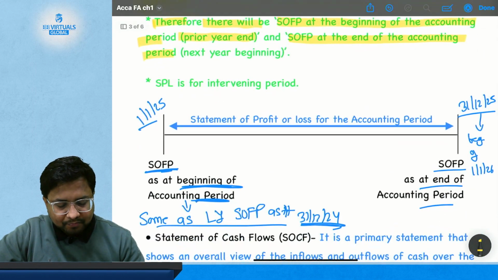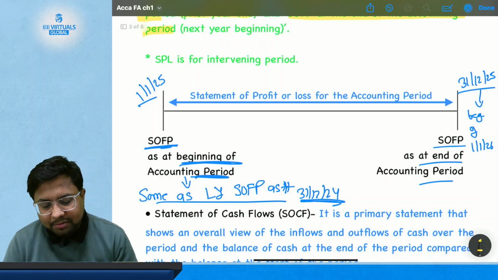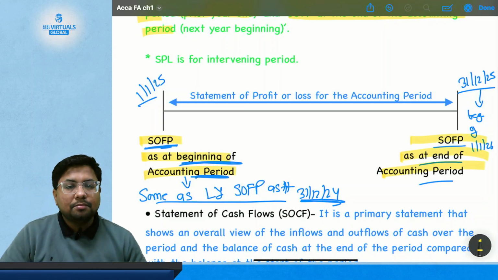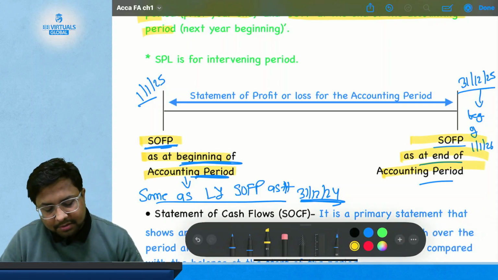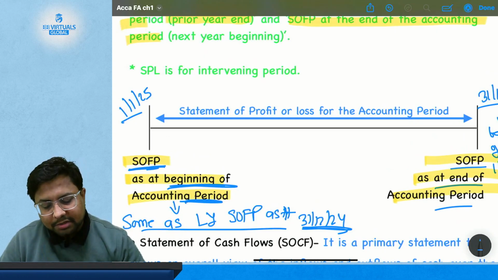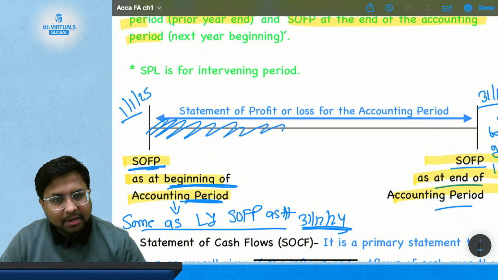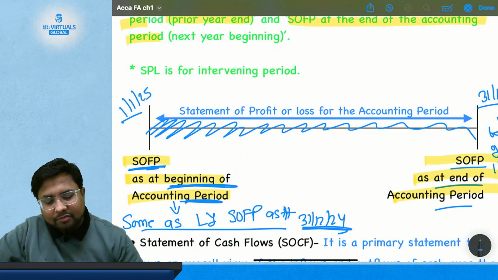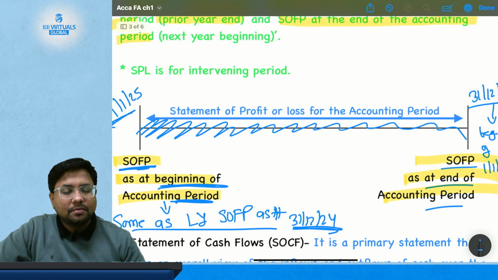Now, you have an SOFP at the beginning of the accounting period and an SOFP at the end of the accounting period, but the statement of profit or loss will cover all the transactions during this accounting period, that is from 1st of January to 31st of December.